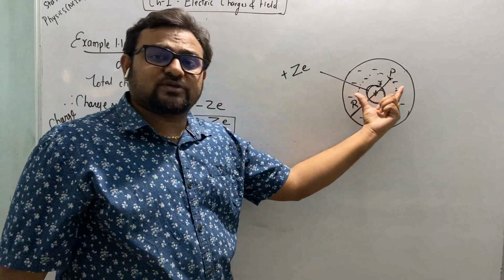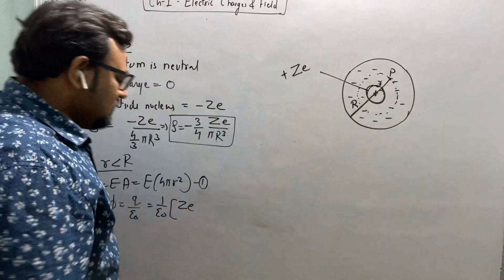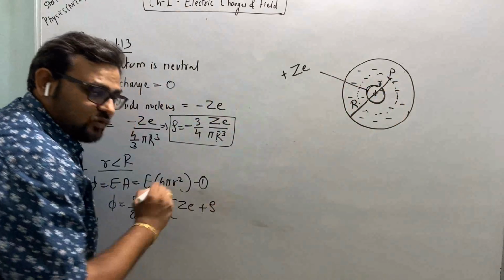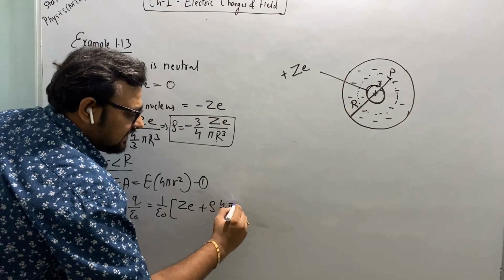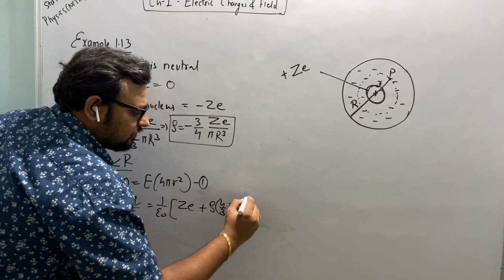Charge in this much volume is rho V. So that will be plus rho. Now what is the volume of this region? 4 by 3 pi r cube.